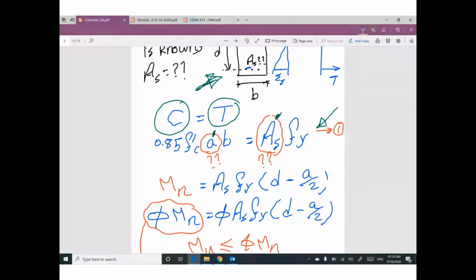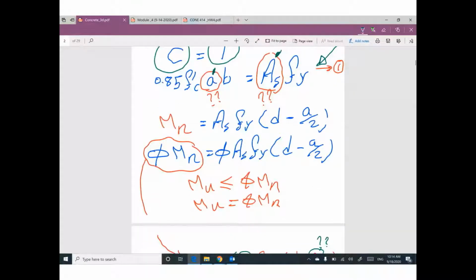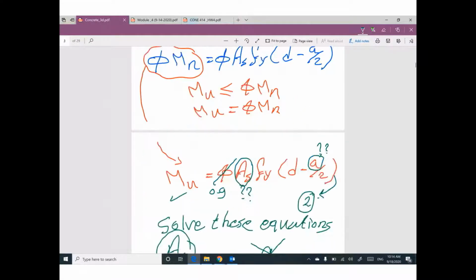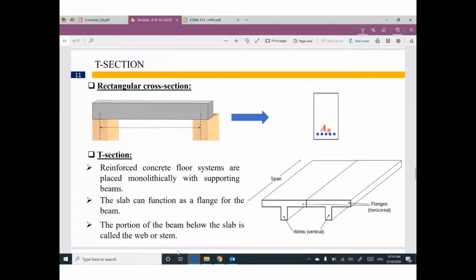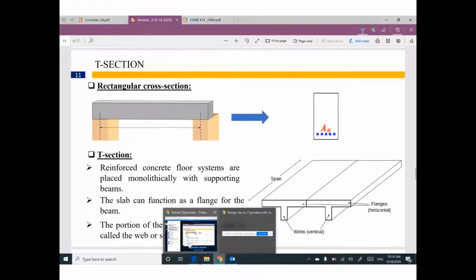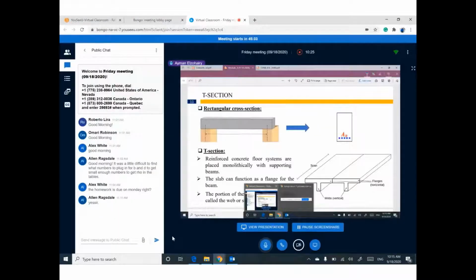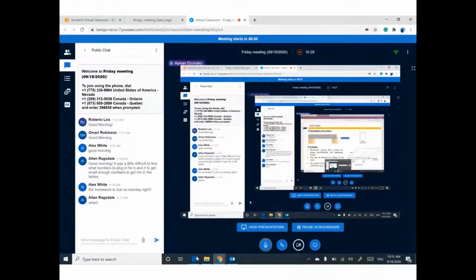And the concept, nominal moment equals T times this lever arm. So we can figure out anything with these basics. Any questions so far? Okay.